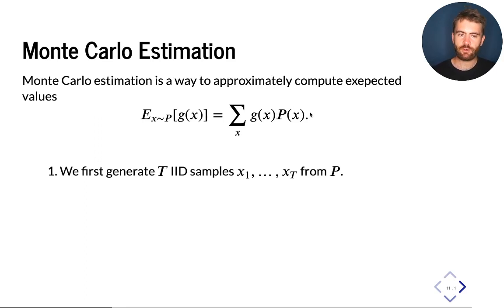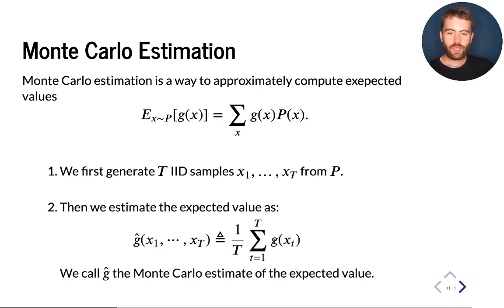The idea of Monte Carlo estimation is to draw some number of samples, which we're going to denote by capital T, from this data distribution P. Then we simply average the value of g across all these samples. g hat, which is a function of these T random samples, is our Monte Carlo estimate of the expected value.